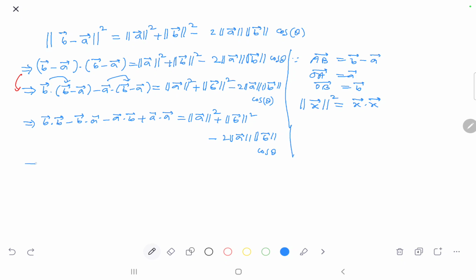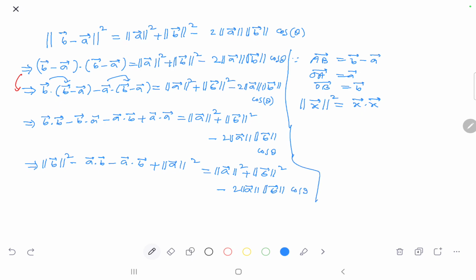So now this is nothing but B dot B, meaning B absolute value square, and then we know B dot A you can replace by A dot B, and you leave it as A dot B. So this is nothing but A absolute value square. So this side will be A absolute value square plus B absolute value square minus 2 of A absolute value B absolute value cosine of theta, right?